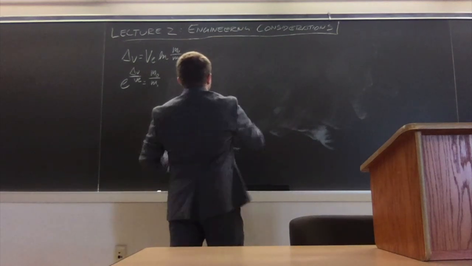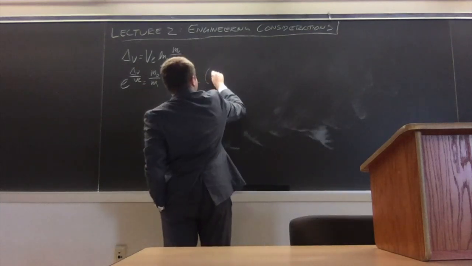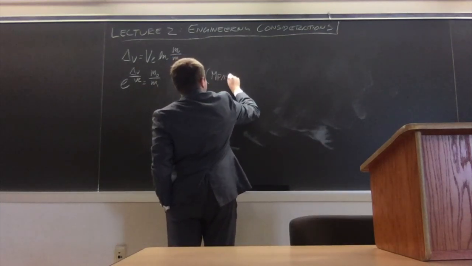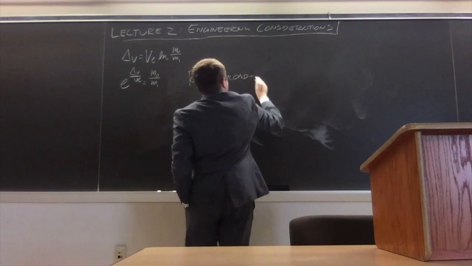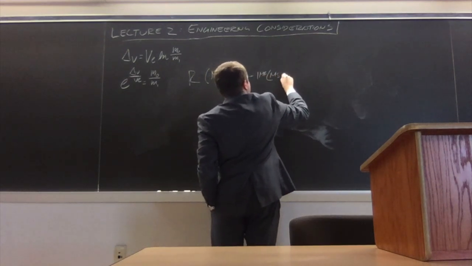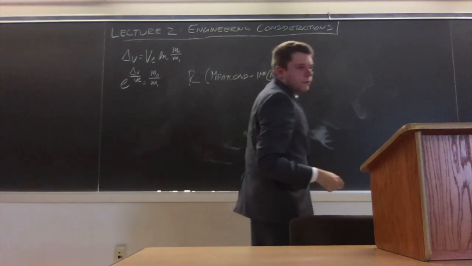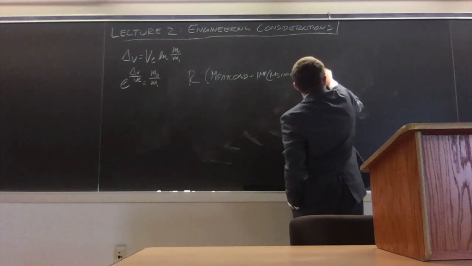R is then multiplied by the product of M payload plus IMF times mass stage, which is then equal to our mass payload plus mass stage.